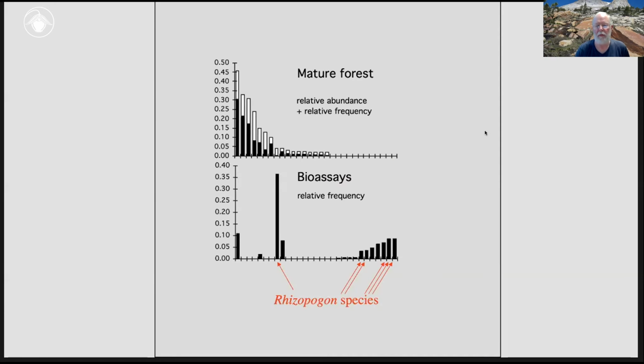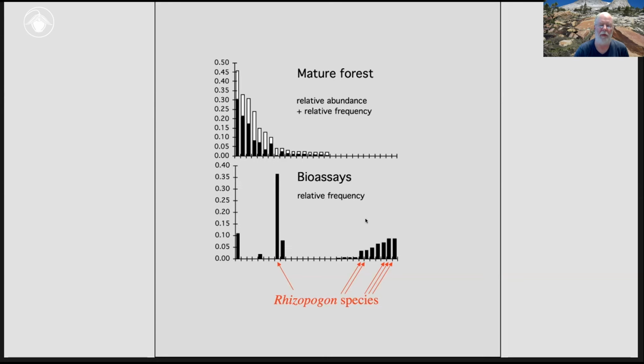Okay, so here is that same data arranged as a ranked abundance curve of species that are found on the mature forest, and then those that were found in the little pine seedling bioassay here from the same soil core. And again, what you can see is that there's not much overlap.